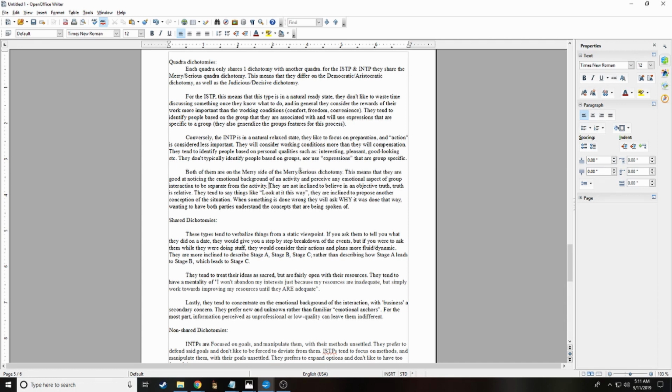The serious side of the dichotomy will let that really seriously negatively affect them, and they will consider the activity or the group interaction as a whole to not be fun, whereas the merry side will consider the group interaction as the thing that is fun, and the activity as almost like a call to action.